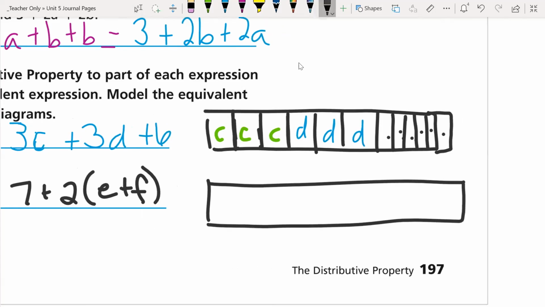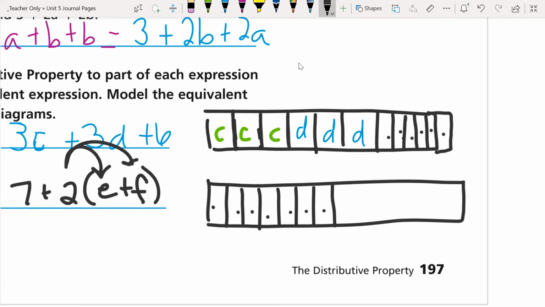Okay, so here I'm seeing that I have 7 known values, and I'm going to represent that with dots, right? 1, 2, 3, 4, 5, 6, 7. Okay. And then I have 2 E's and 2 F's. Two E's, 2 F's.